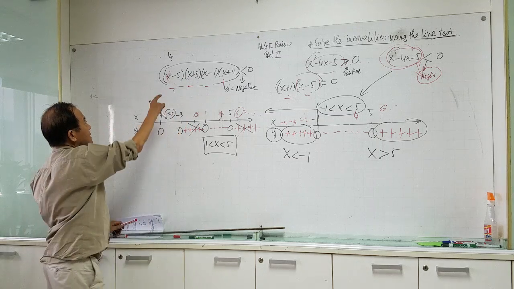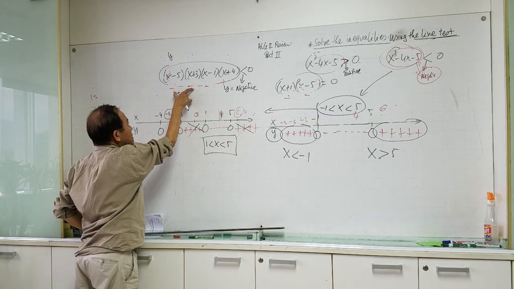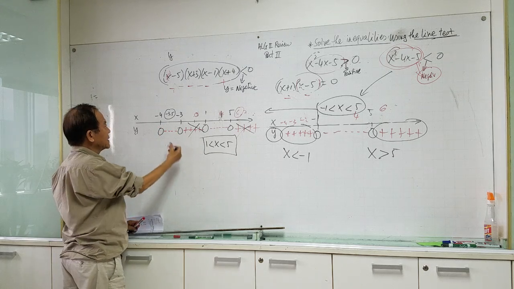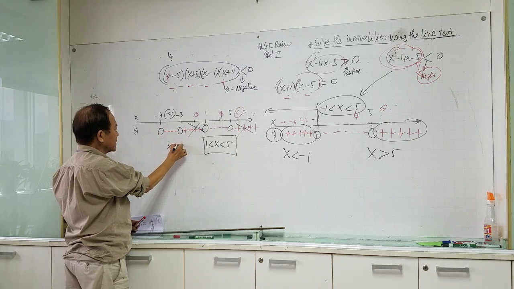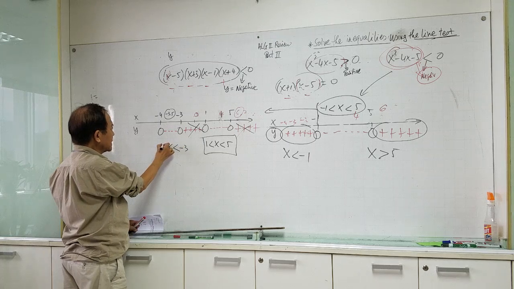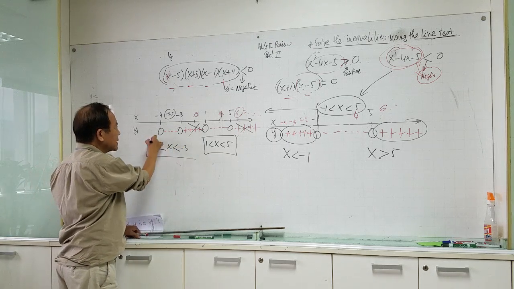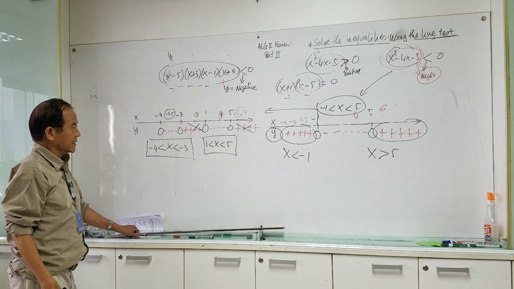So negative times negative equals positive, positive times negative equals negative. So from here it has to be negative. So the solution is x between negative 4 and negative 3. You see that? That's a dip. This is the second set.